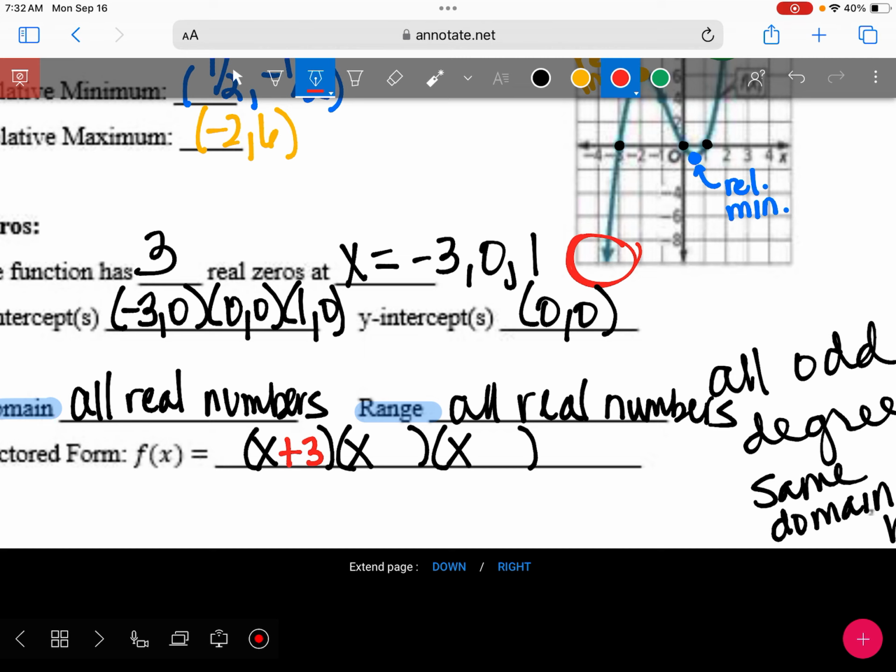I'm gonna leave the X by itself. And then here, because I have a +1, what am I gonna put here? A -1.